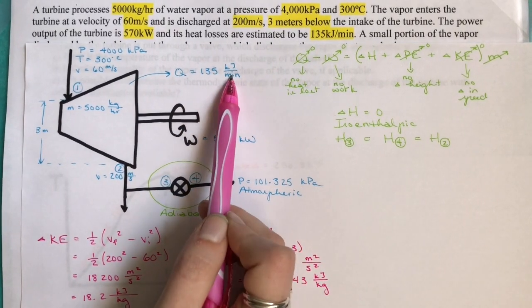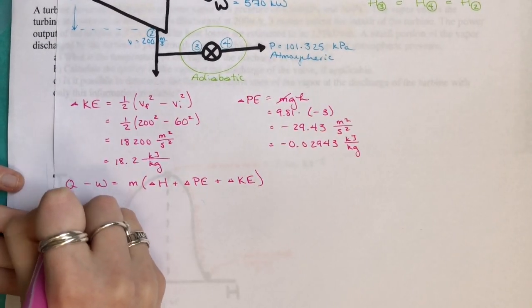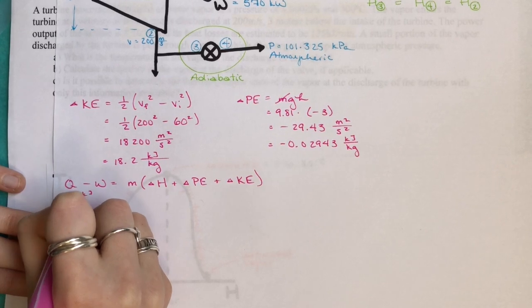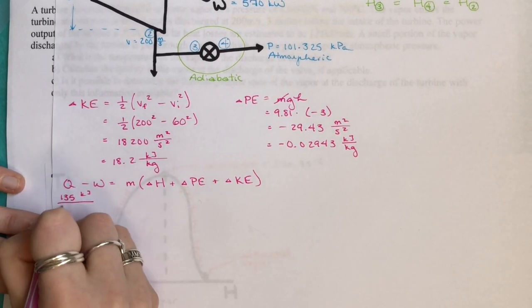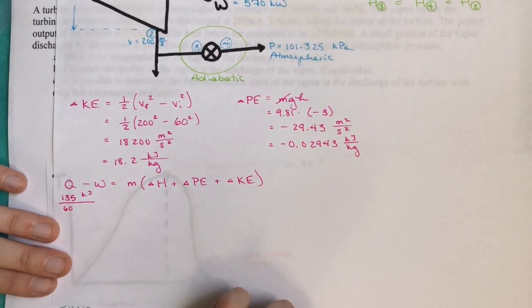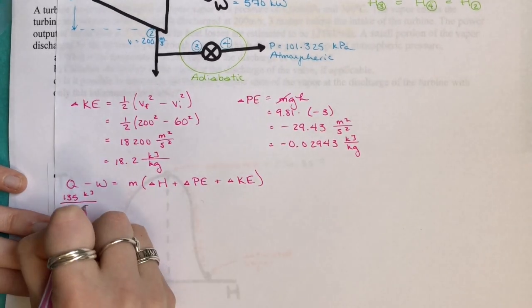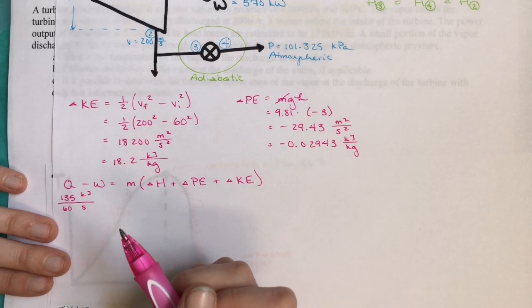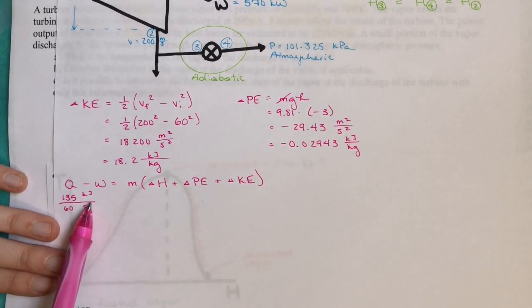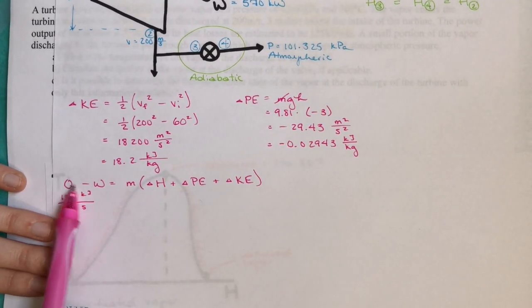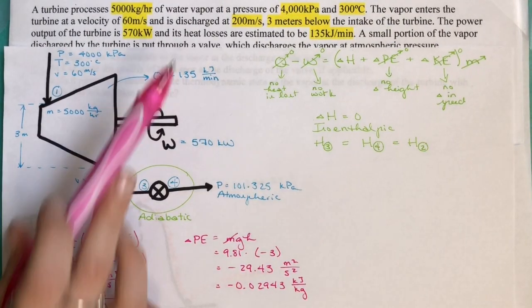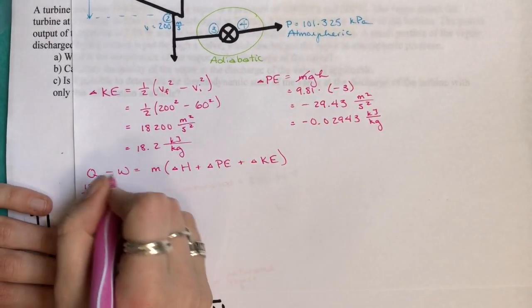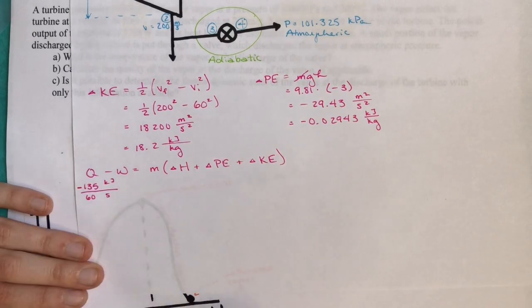But again, we don't want minutes, we want seconds. So we're going to take 135 kilojoules and divide it by 60 because there's 60 seconds in 1 minute. So now our units are kilojoules per second. Okay, perfect. One thing to remember though is because this heat is leaving our system, we need to make sure that this number is negative in our equation.